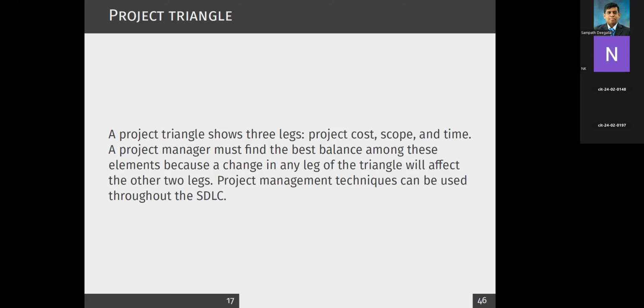If the cost is too much, then you have a problem. Scope means the depth that you are going to develop a system. Again, that might be a problem. Timing, again. The idea is that when you balance these three, if you change one, it affects the other two. So you have to be very careful.